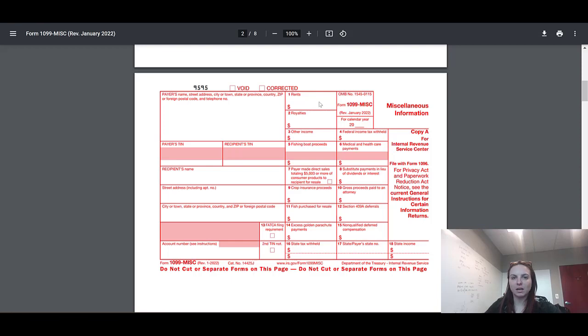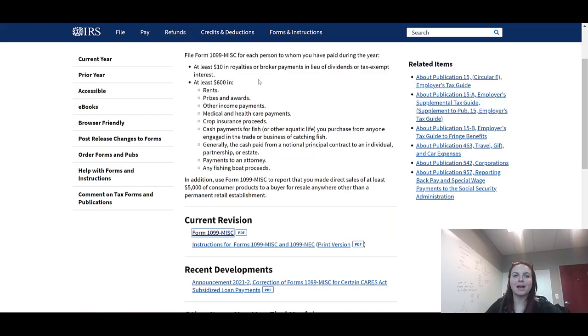So you'll notice here, box number 1 is rent, okay? This gives us a lot of information about who is going to receive a 1099 miscellaneous. For a 1099 NEC, the threshold is $600. For a 1099 miscellaneous, you're going to have one if you have paid at least $600 in rents, prizes and awards, medical and health care payments, and payments to an attorney. So notice here, payments to an attorney.